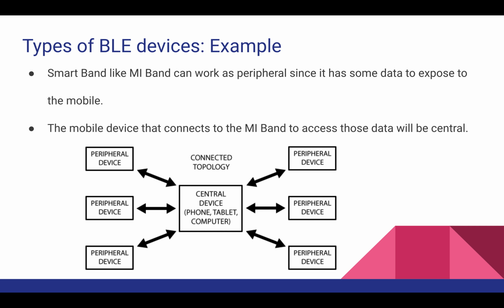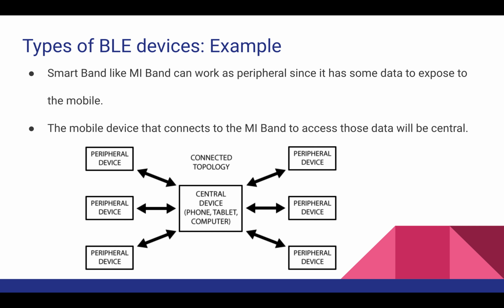This Mi Band may have some of your health related data, like your pulse rate, how many steps you walked today, or your blood pressure, etc. Now suppose that you are developing a health related mobile app, where you need to read this type of data.